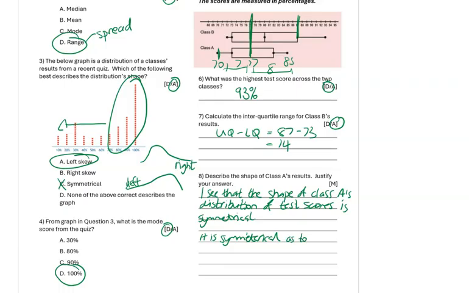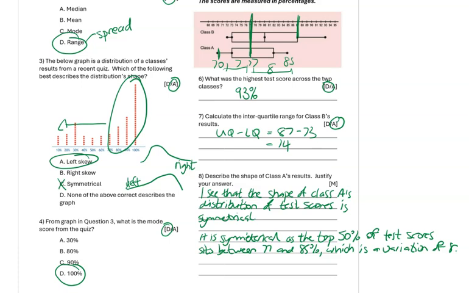It is symmetrical as the top 50% of test scores sits between 77 and 85%, which is a variation of 8.